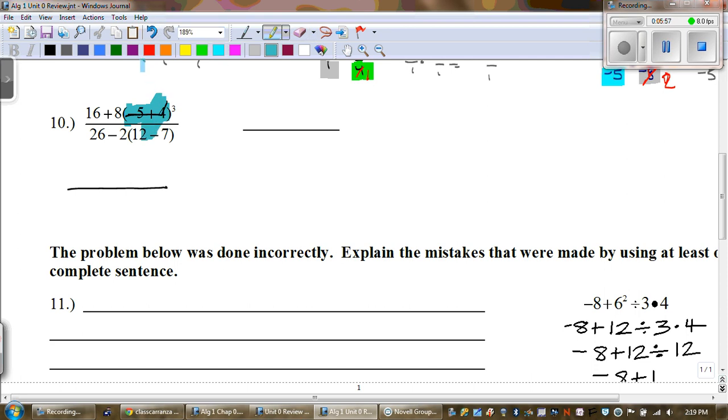Oh my gosh, my pen is going crazy. All right, so inside the parentheses, we've got 16 plus 8. So inside, negative 5 plus 1 is negative 1.